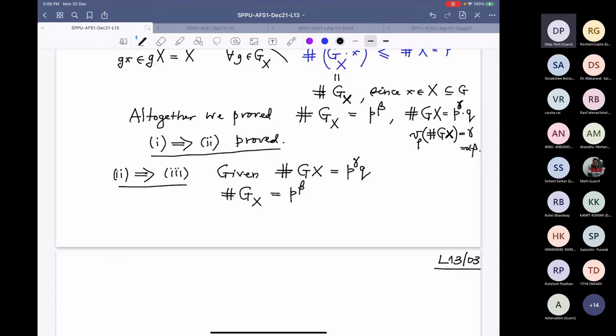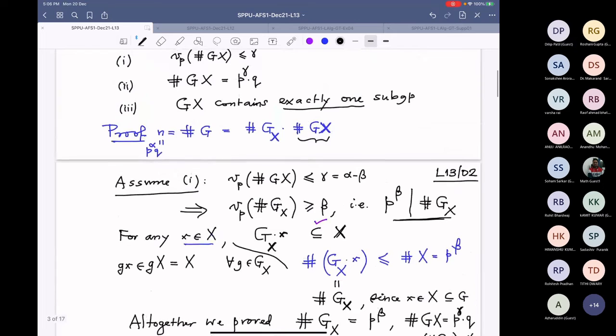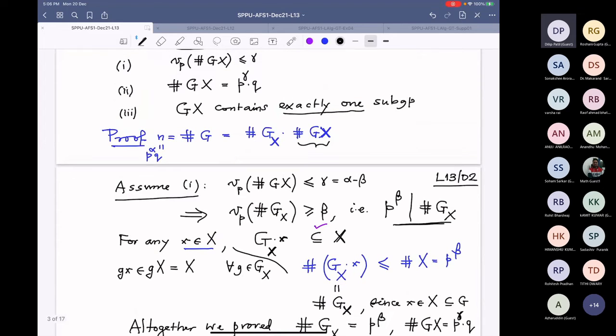And therefore Gx is a subgroup of G of order P power beta. But that is not what I want. I want more. My third statement says this orbit should contain the subgroup or not, and how many.